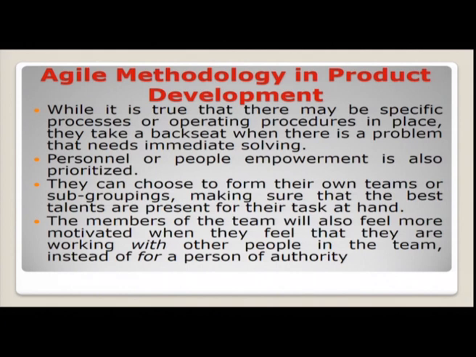Personnel or people empowerment is also prioritized. See, all five fingers may not be of equal length. All members in a team may not have equal IQ or EQ levels, but when you close these five fingers like this, everything comes to a single point. So everything becomes equal.